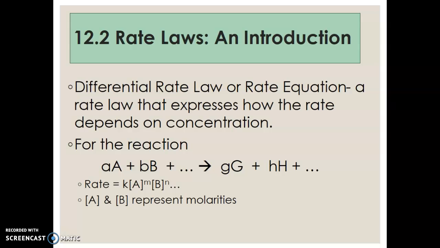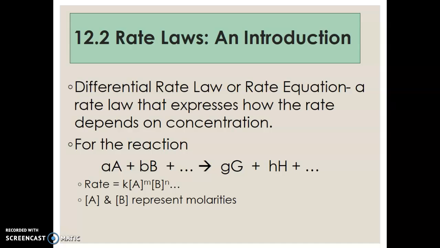So the differential rate law, or the rate equation, is a rate law that expresses how the rate depends on concentration. So we have a generic reaction here. You have A and B as reactants, and you have G and H as products.